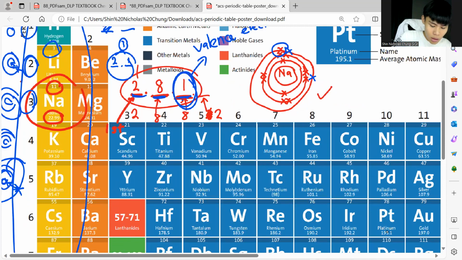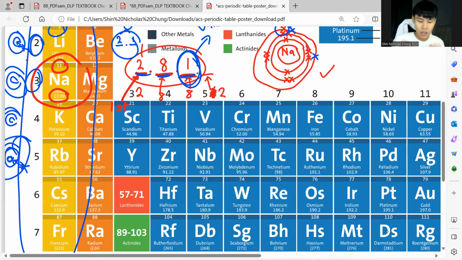So now when going down the group, the size increases, so the distance between the valence electrons and the nucleus becomes further. So it is easier for them to donate compared to the one on the top. Because the one on the top, they are so close, the force of attraction between the nucleus and the electron is so strong that it is very hard for them to lose the electron.